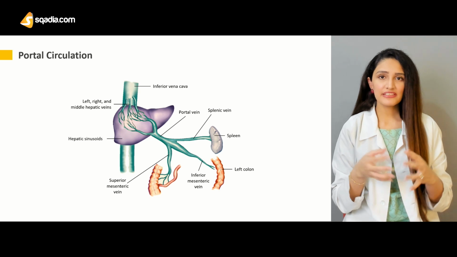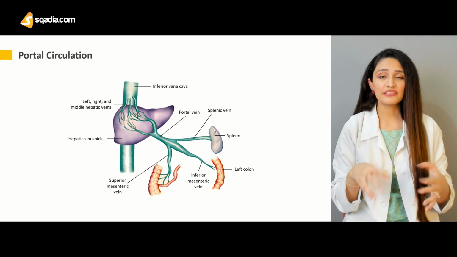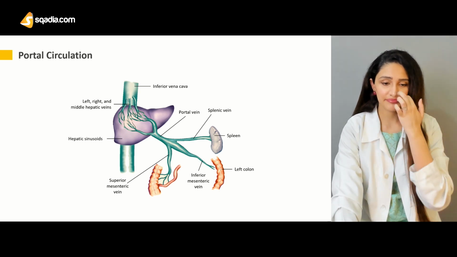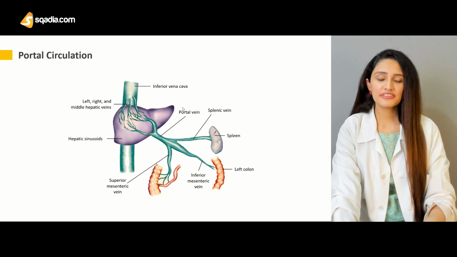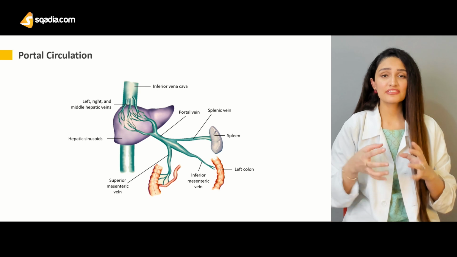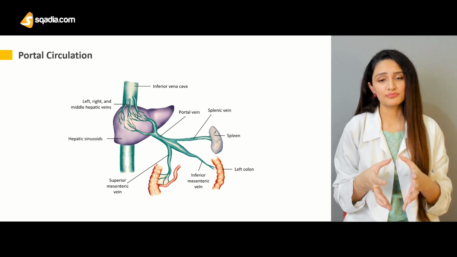It drains into the liver, dividing into the right portal vein and the left portal vein. So the liver receives the blood supply from all of these organs, and it constitutes almost 30% of the cardiac output.